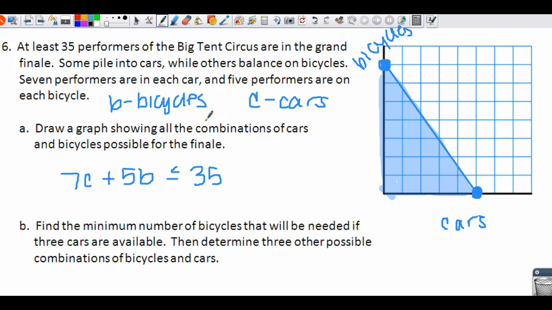So then the word problem continues on and says, find the minimum number of bicycles that would be needed if 3 cars are available.